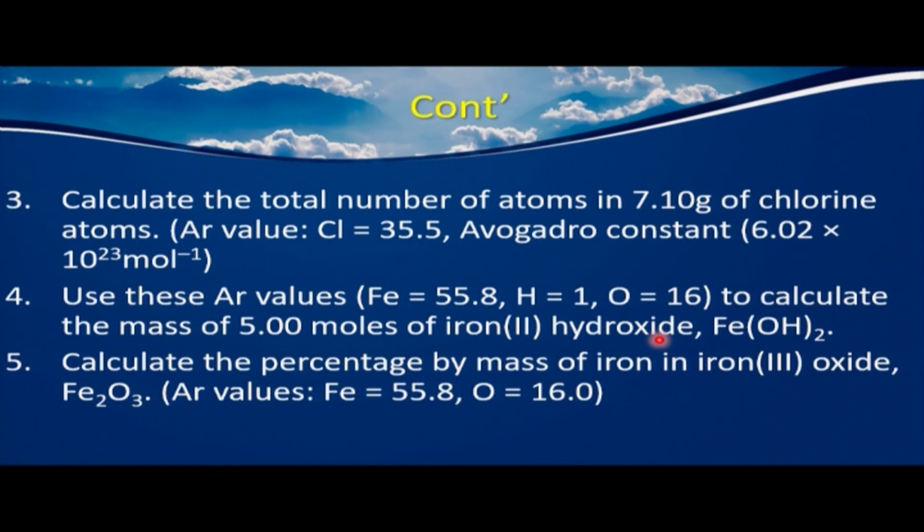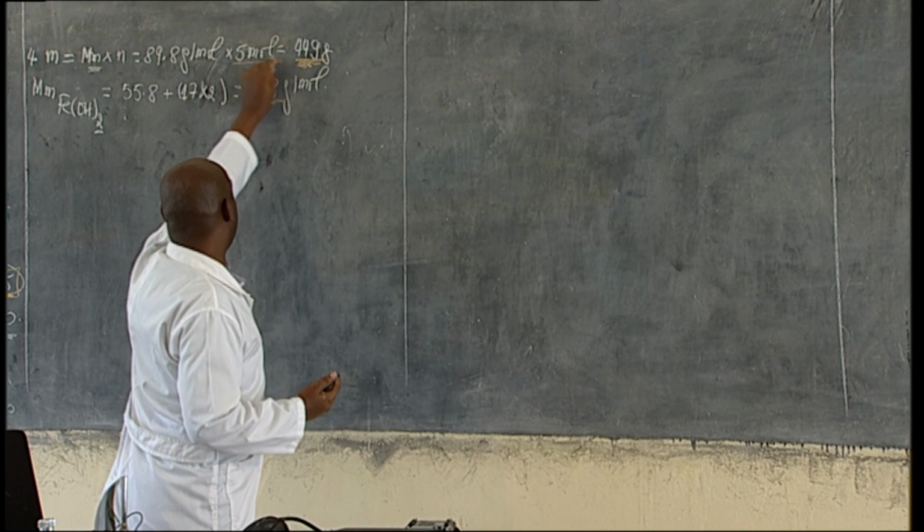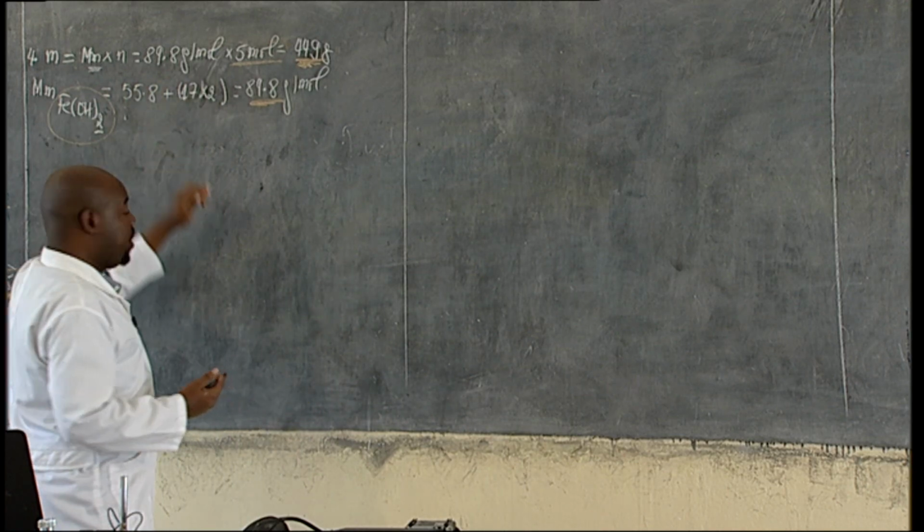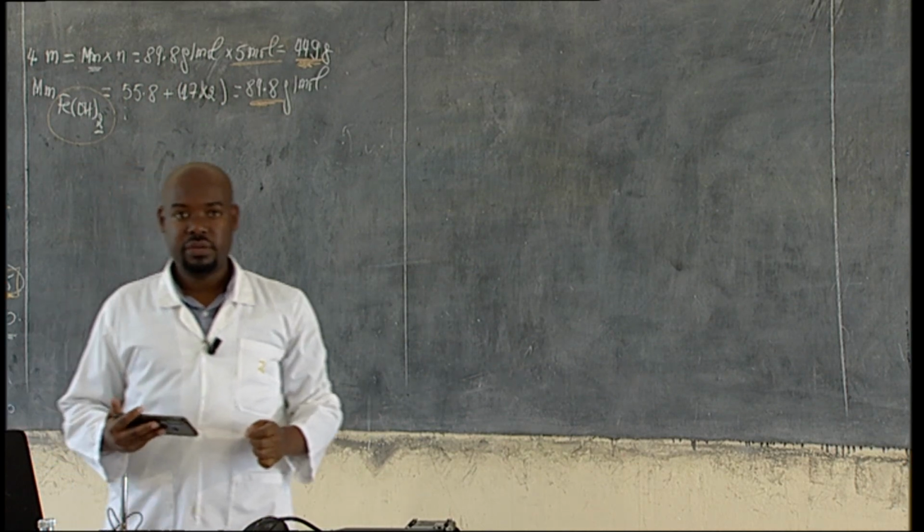We use our calculator again, and if we multiply by 5, we get 449 grams, and that is the final answer, right? This is the molar mass, and this is the mass that 5 moles of this compound will have, okay?